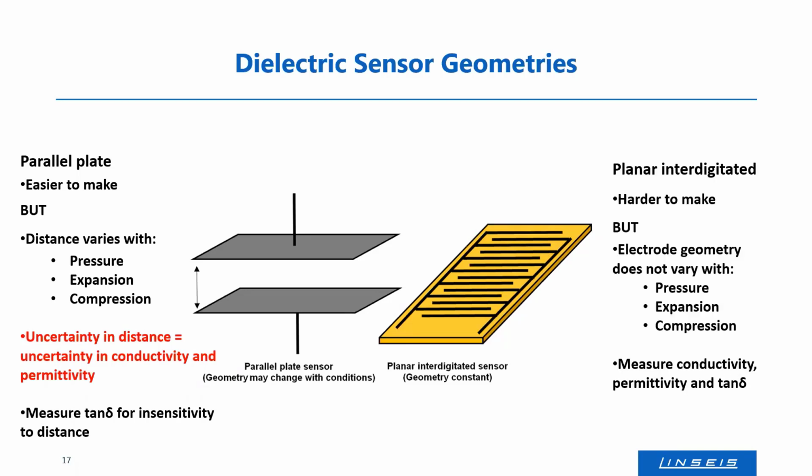This setup is more difficult to manufacture, but the big advantage is that it does not depend on pressure, expansion or compression of the sample, or any dimensional change of the sample, which will be put on this sensor. So with these foil sensors, it's possible to measure not only this tangent delta, the phase angle, but also the conductivity and the permittivity of the sample, which we need.